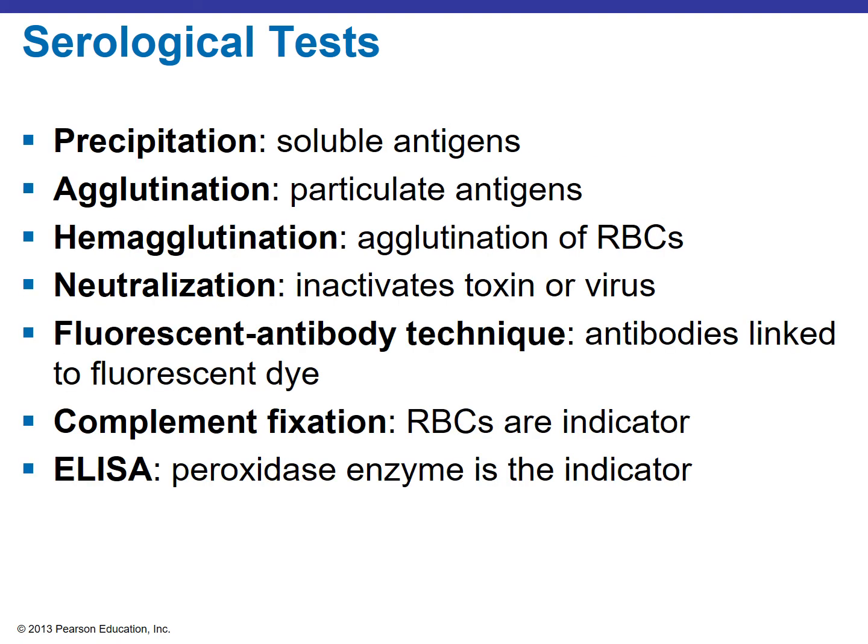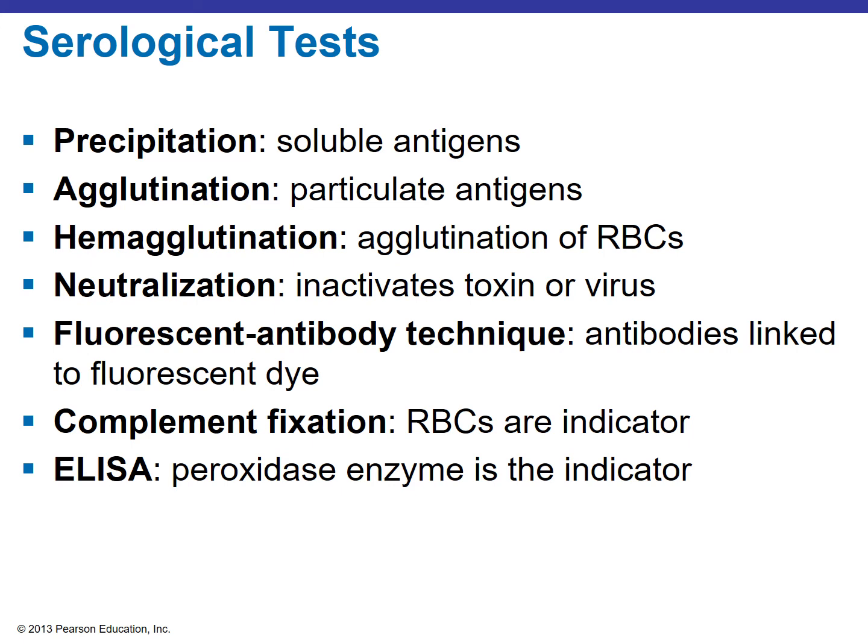And then here are just some terms. Precipitation, like the precipitin ring test, is for soluble antigens. Agglutination is for particulate antigens. The examples that we looked at were cellular. Hemagglutination would be the agglutination of red blood cells. Neutralization, via antibodies, would bind to the toxin or the virus and inactivate it.